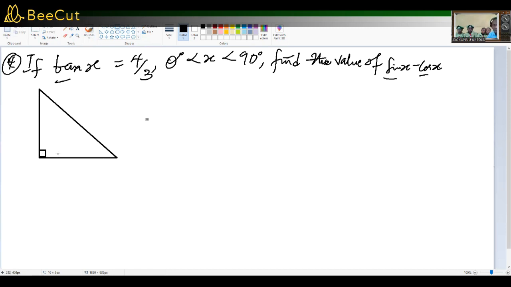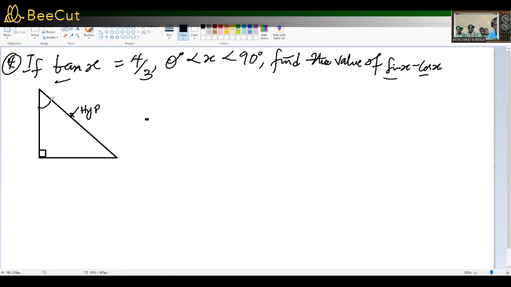The line that always faces the 90 degrees is called the hypotenuse. While the other two lines can be either opposite or adjacent. It can change, but the hypotenuse in the right angle triangle does not change.